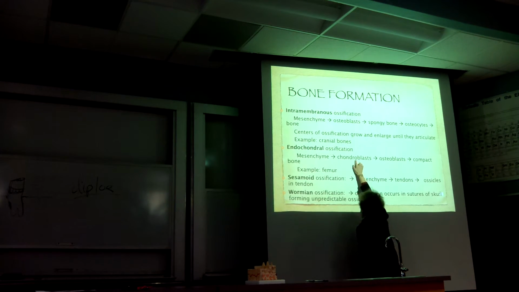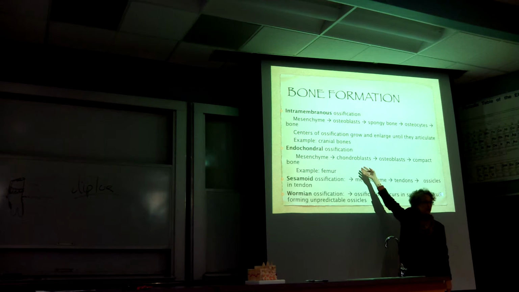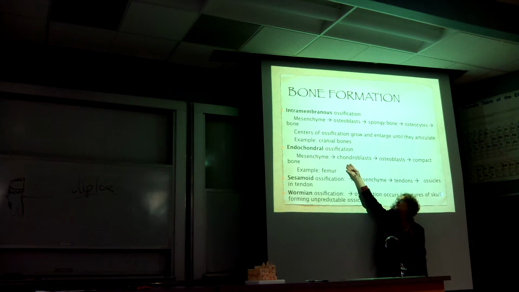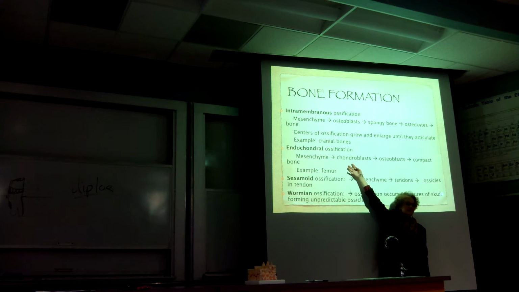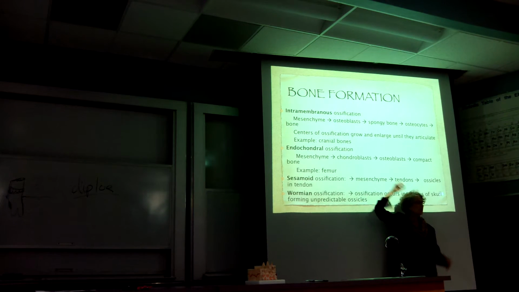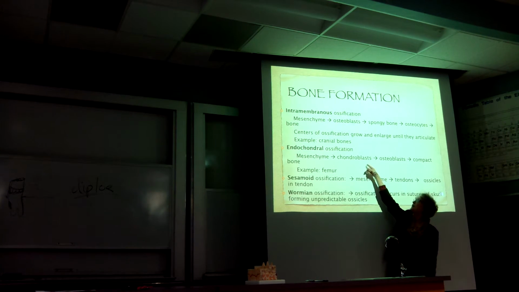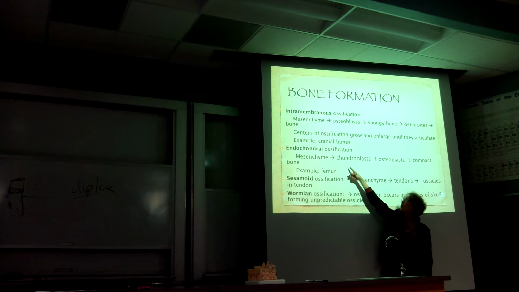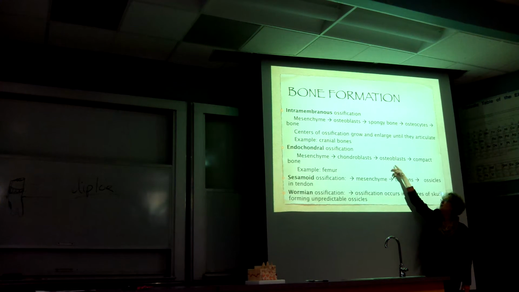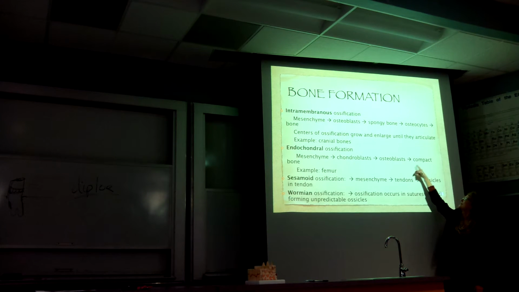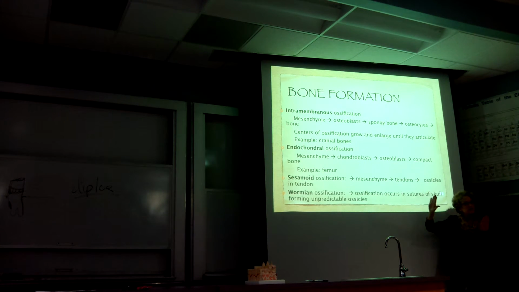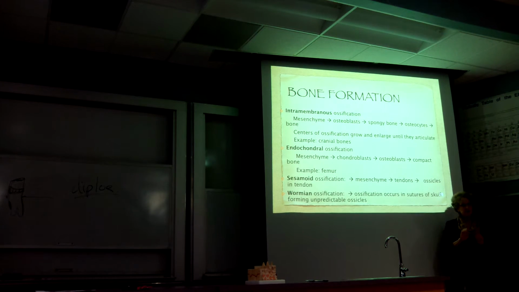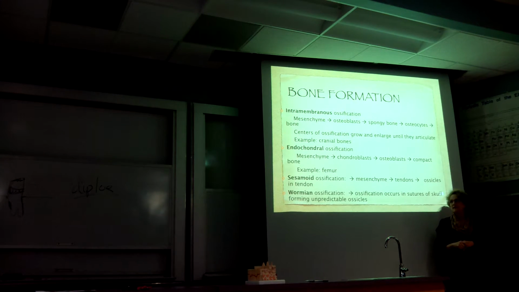And this word blast means it's a formation cell. So this is chondroblast; chondro means cartilage. So we have these cells that form the structure in cartilage. And then the chondroblasts become osteoblasts and then become compact bone. Does that make sense? So it's like one extra step.